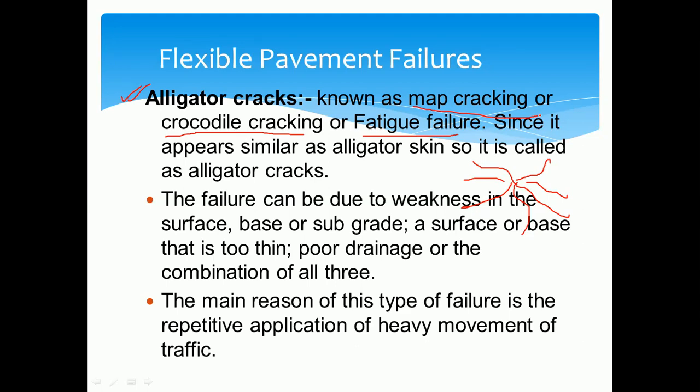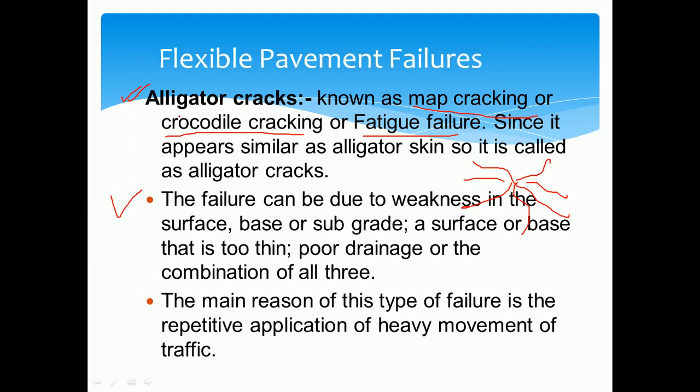So what is the cause of this alligator crack? That may be the weakness in the surface, or a poor drainage system, or a combination of all this. Any one of these may cause the alligator crack.